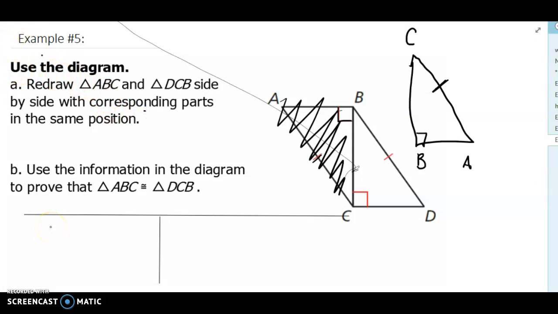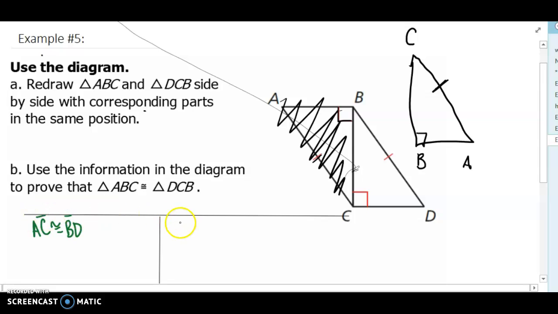All right, so hopefully you were able to get this by yourself, but we're given that AC is congruent to BD. That's given from the diagram. See, guys, they have tick marks on both. Okay, we're also given that angle BCD and angle CBA are right angles.